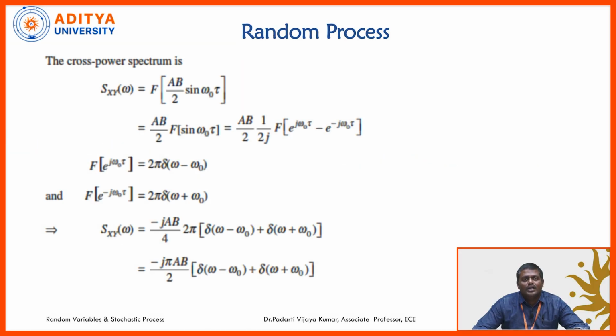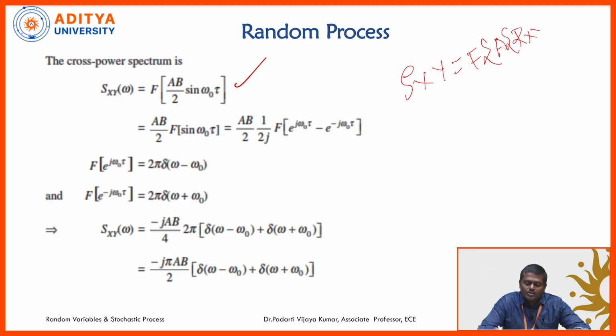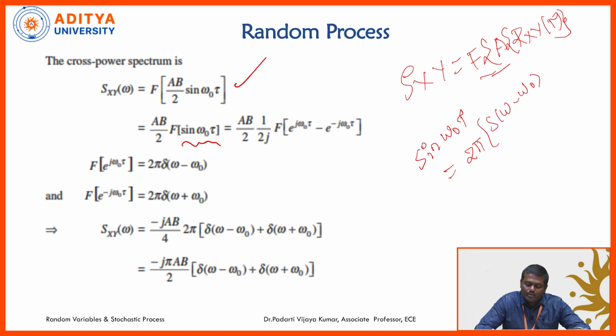Now, we know the relationship between cross power spectral density and time average cross correlation function. Cross power spectral density is the Fourier transform of the time average cross correlation function. Applying that, we need the Fourier transform of sin omega naught tau, which can be written as 2 pi into delta of omega minus omega naught minus delta of omega plus omega naught, divided by j.